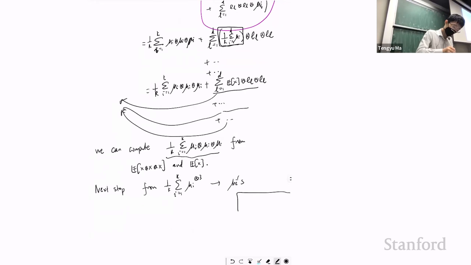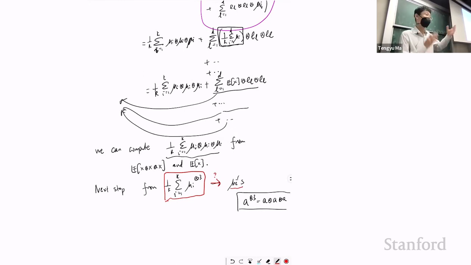Just for notational purposes, a to the tensor 3 is just a shorthand for the tensor A. So what this whole computation is saying is that now you can compute this expected sum of the third moment of mu i, and then you need to design an algorithm to compute the mu i's from this. And if you can do this, question mark, then you're done. The whole thing is solved, because you can first use the moment to compute the third tensor for mu i's, and then you can run this algorithm.